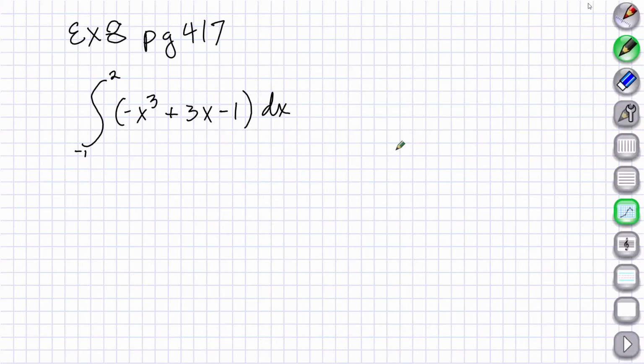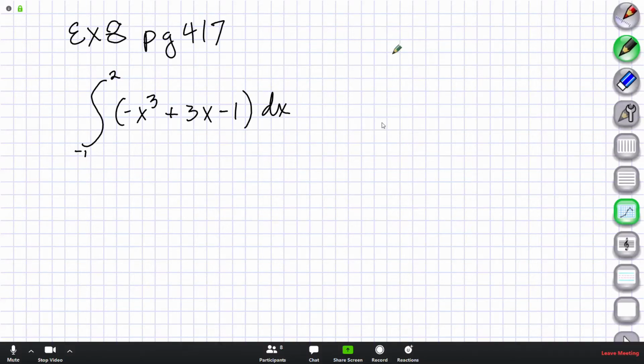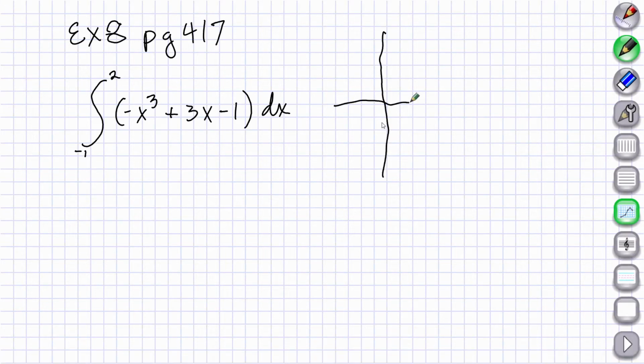So anyhow, this is the problem, and this is what the curve looks like. Just a rough sketch of it. It's kind of a weird looking thing. We want to go from negative 1 to 2. The curve comes down like this, and then it comes back up like this, and then it looks like it turns before it gets to that.